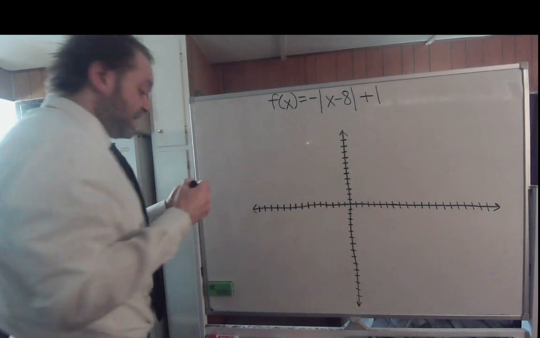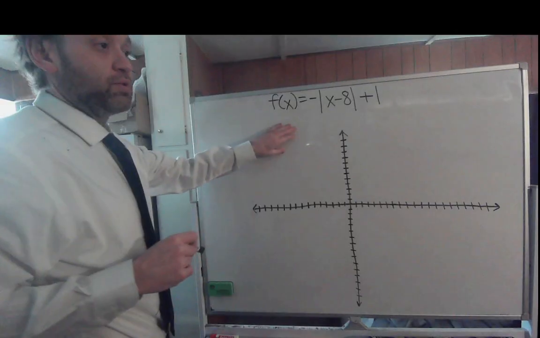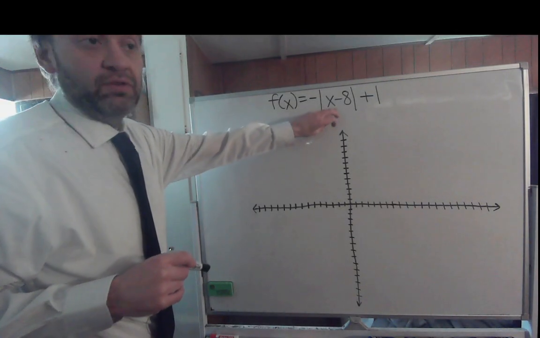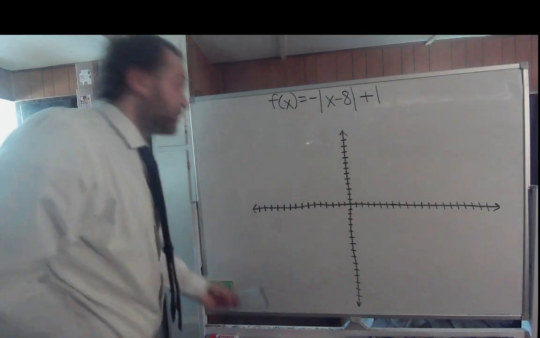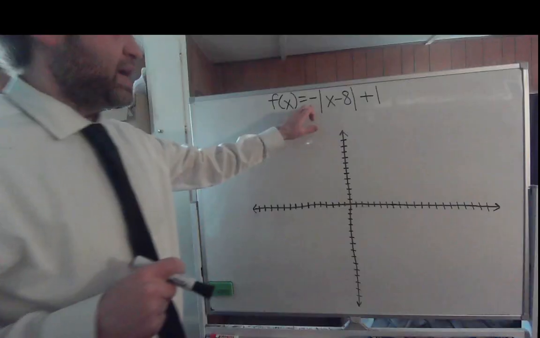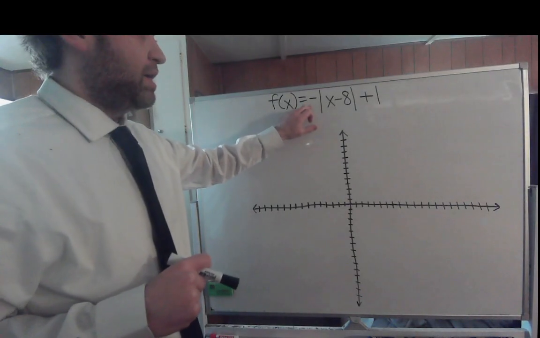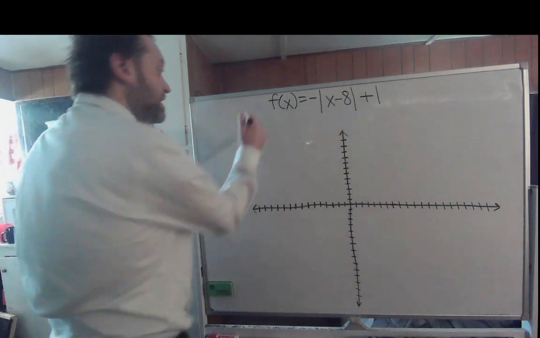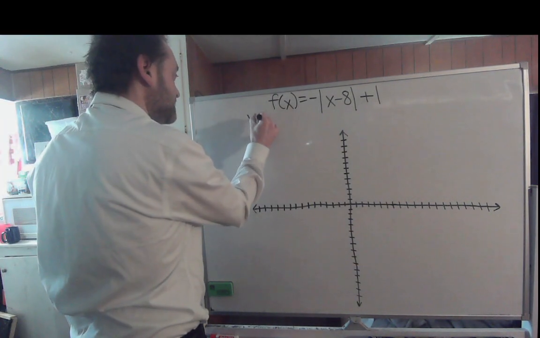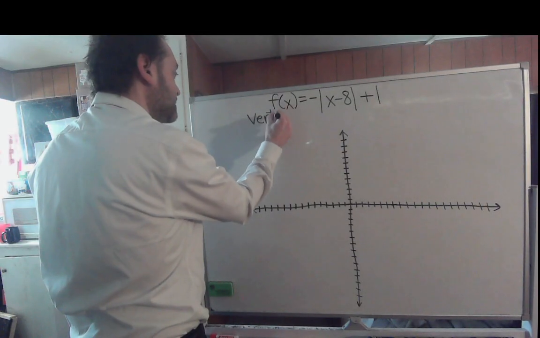All right, so we have f of x equals negative of the absolute value of x minus 8, all that plus 1. First, find your vertex. Ignore that negative on the absolute value, all right? Just look at the x minus 8. Let's find the x coordinate of the vertex.